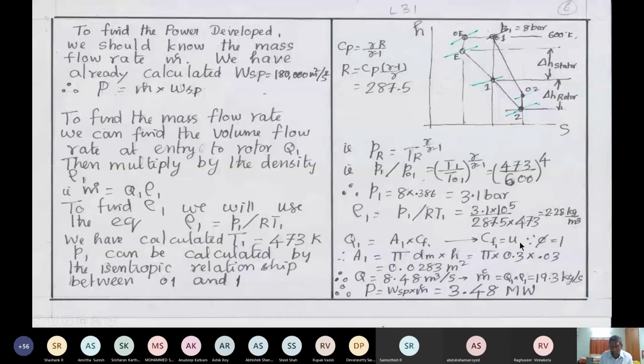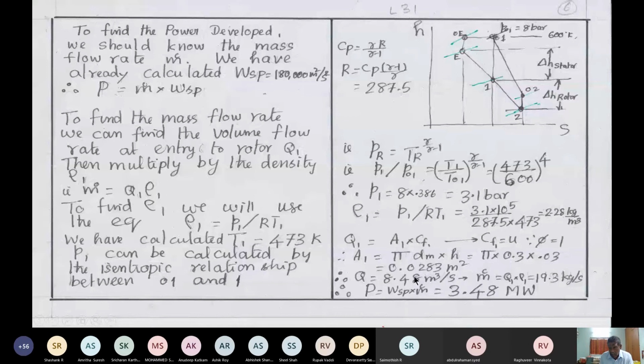So I can calculate Q1, that is equal to A1 into CF1. Now CF1 is equal to U because flow coefficient is 1. Then A1 equal to pi into d mean into the height of the blade h. The annular region is the area. Mean diameter is dm, height is h. So that is equal to pi into 0.3 into 0.03.